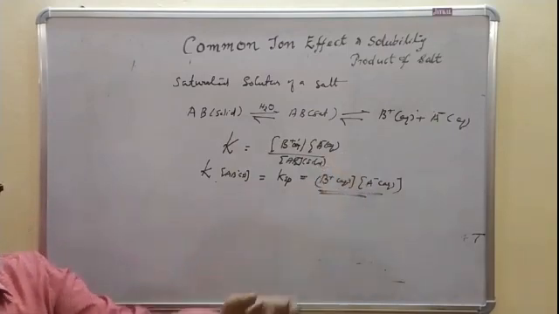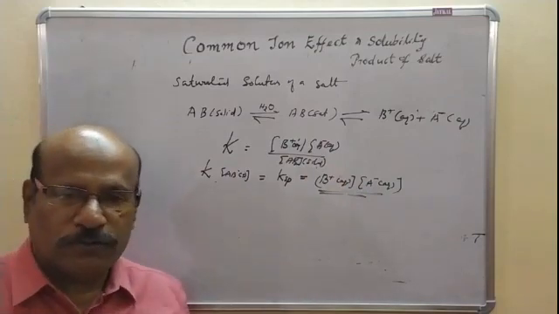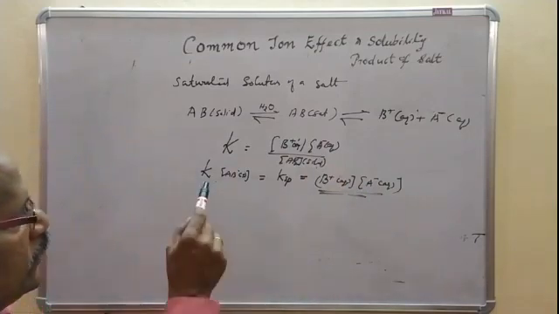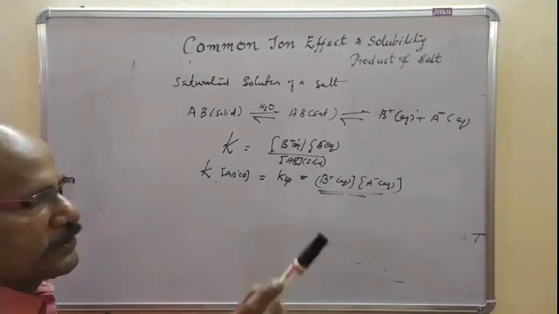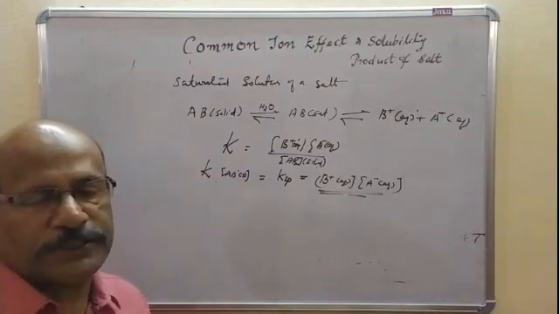So the product of the ionic concentration of the salt in a solution is always a constant in a saturated solution and at a constant temperature, and that constant is called the solubility product.